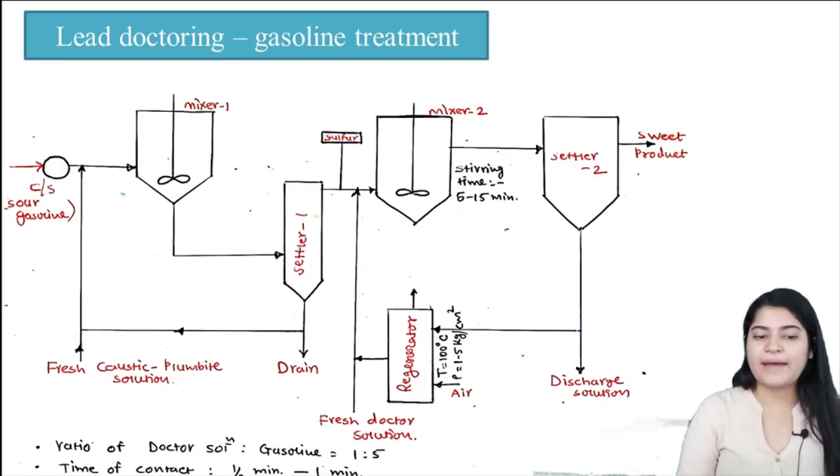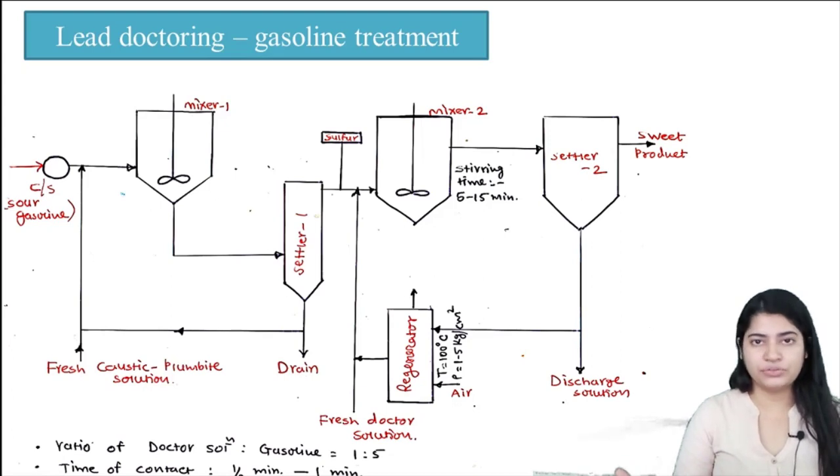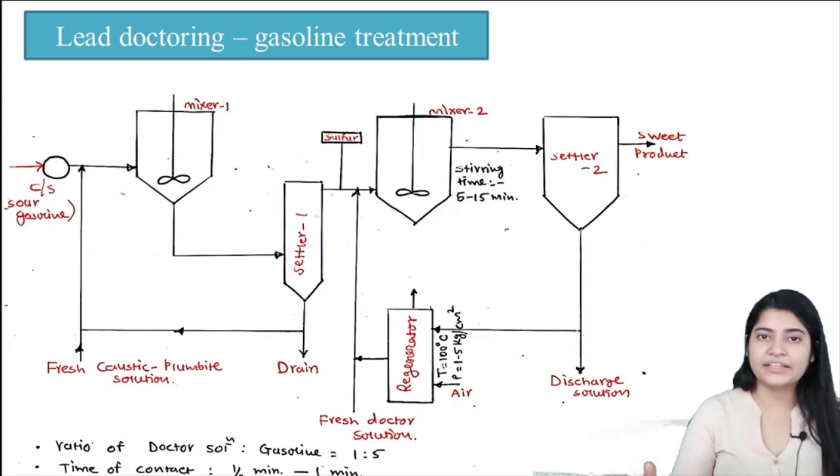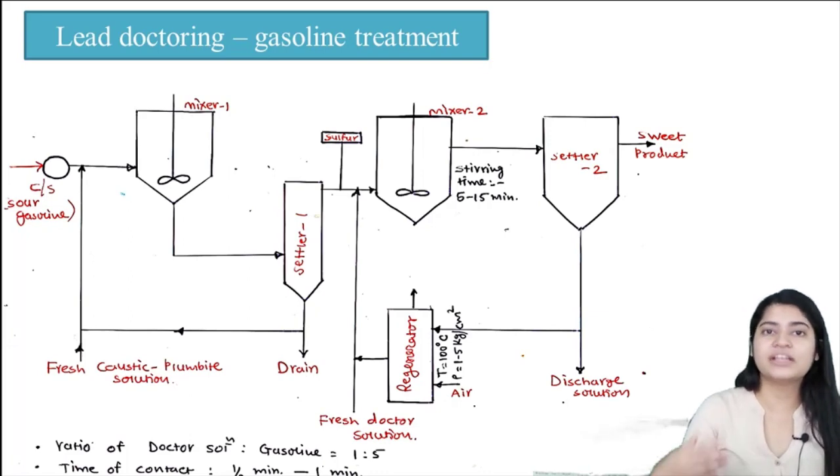Now your solution is sent to settler 1. In settler 1, you take out your spent solution, which is recycled back, whereas your extracted product is sent to mixer 2 where it is reacted again with sulfur. You can see from the figure that extra sulfur is added here.